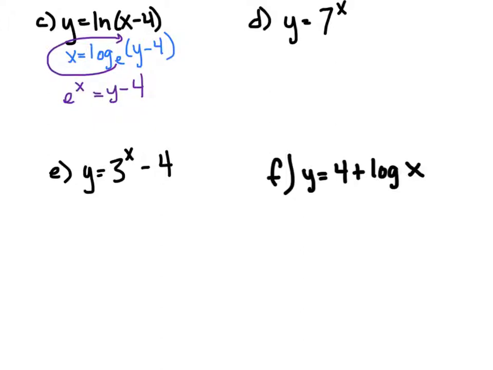Now, what's different about this time? Yeah, there's a 4 over there. Am I done, or what should I do? I should add 4 to both sides. e to the x plus 4. Notice that that plus 4 is not in the exponent. Equals y.